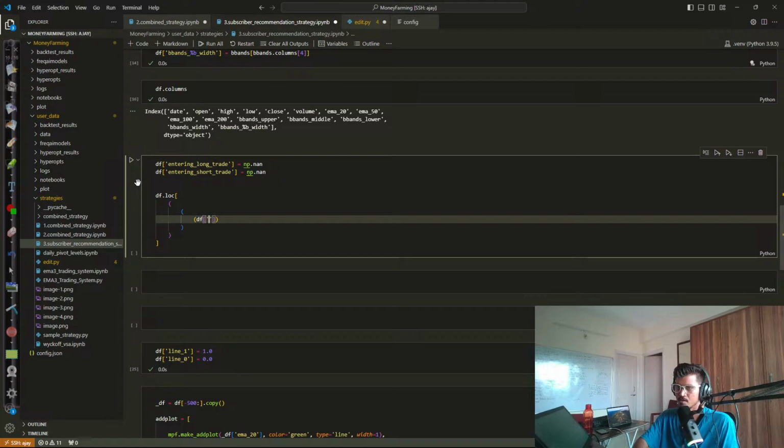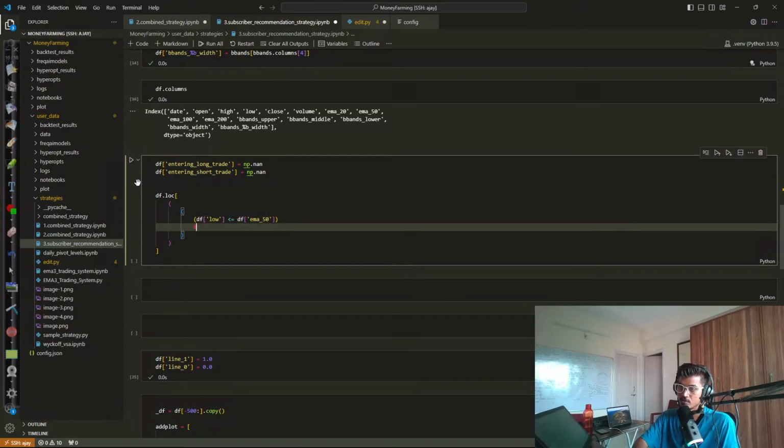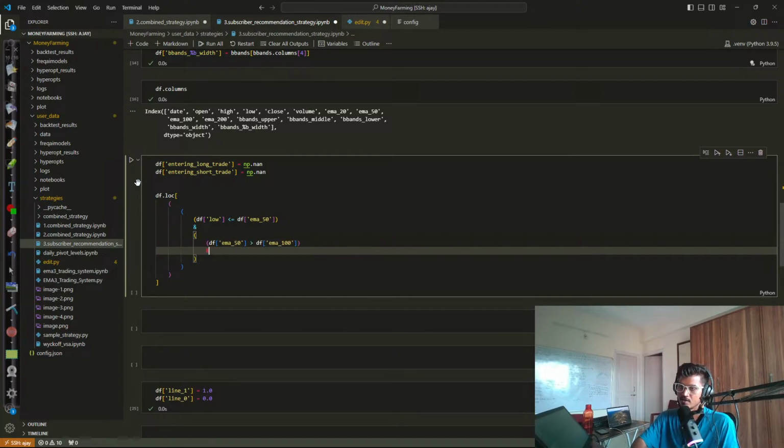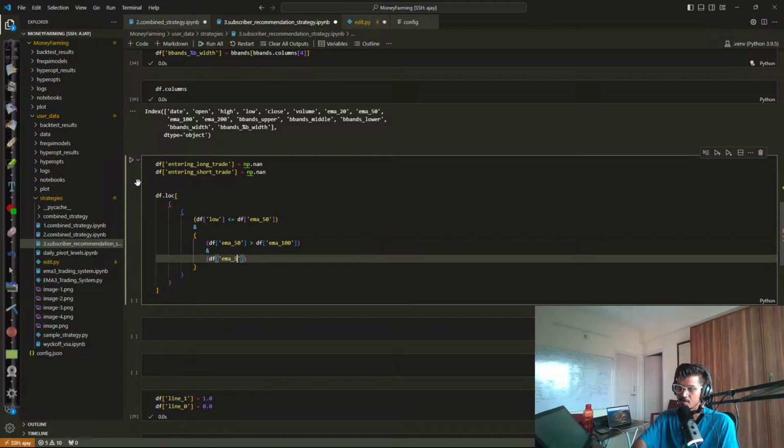Okay, so if my candle close or just low is less than or equal to EMA 50, and also check if EMA 50 is greater than EMA 100 and EMA 50 is greater than EMA 200.